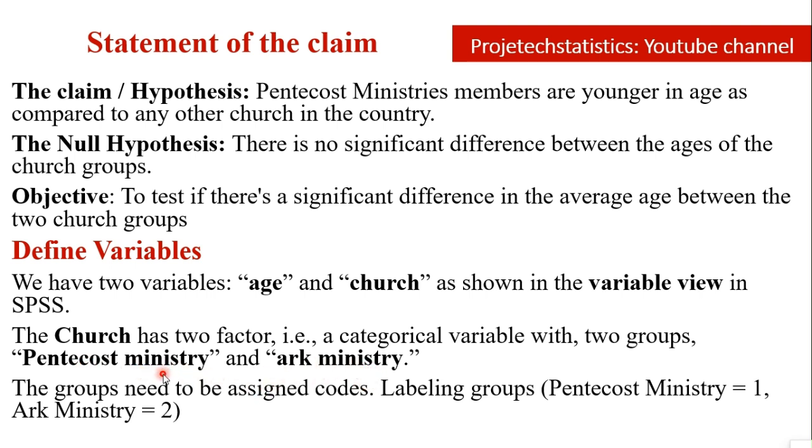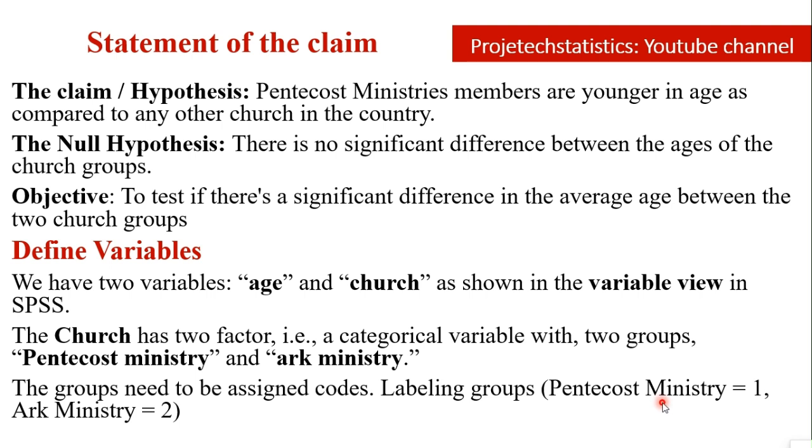And we are going to assign codes to these groups. As you can see, we label Pentecost ministry 1 and the Ark ministry 2. Why we do this is because SPSS doesn't accept strange variables as input.